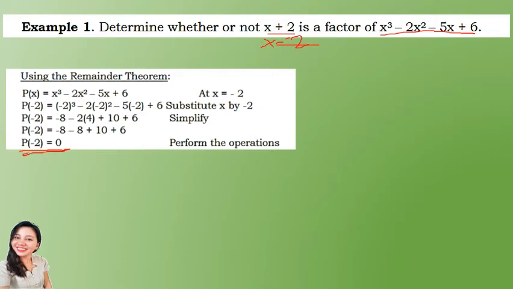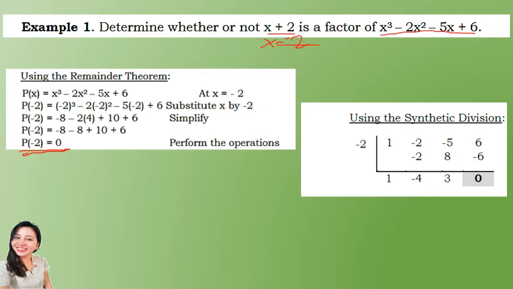Pasabot ana, if the remainder is 0, therefore, x plus 2 is a factor of x cubed minus 2x squared minus 5x plus 6. So, ato pag gamiton ang synthetic division para po na compare. So, kung synthetic niya gigamit, as you can see, the remainder is also 0. Again, pares na magiging sila answer.